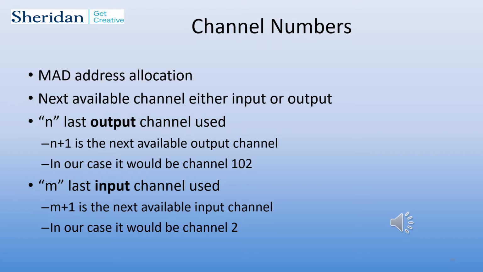As the manual says for the input channels, M is the last input channel used, so M plus 1 would be the next available analog input channel. Since our last channel used is 1, the next available channel will be 2.